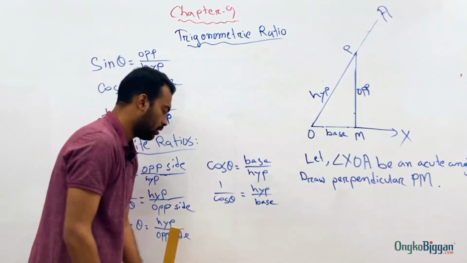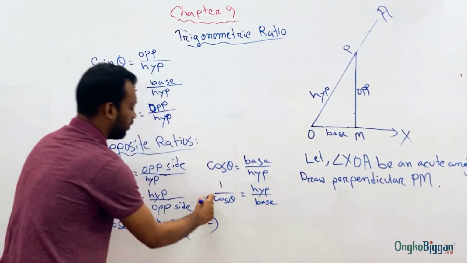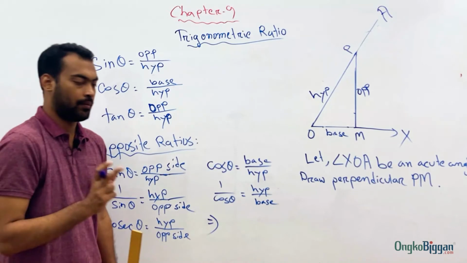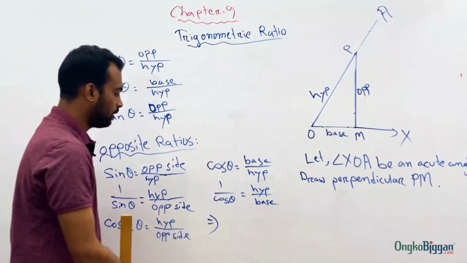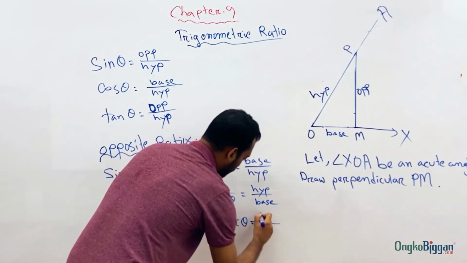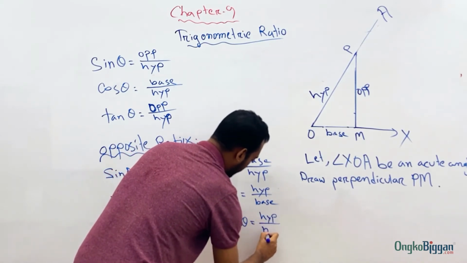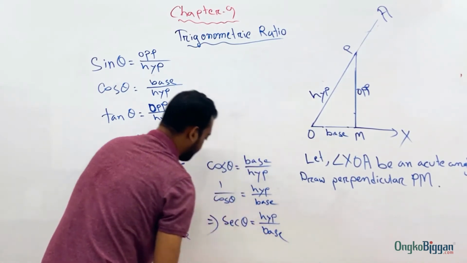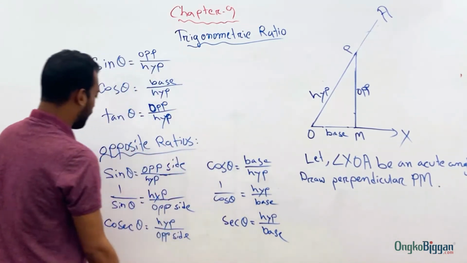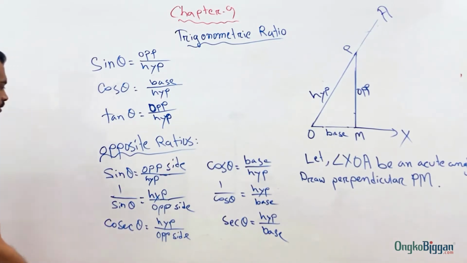We have a certain name for this: we call it sec theta, which is equal to hypotenuse by base.